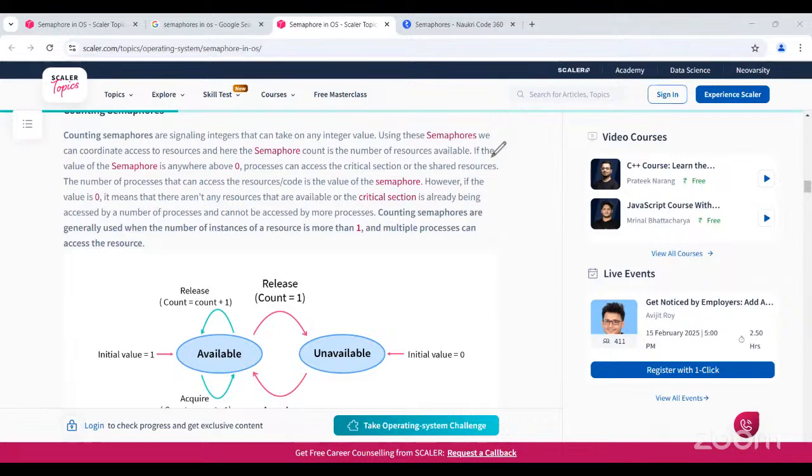If the value of the semaphore is anywhere above zero, the process can access the critical section, that is, the shared resources.